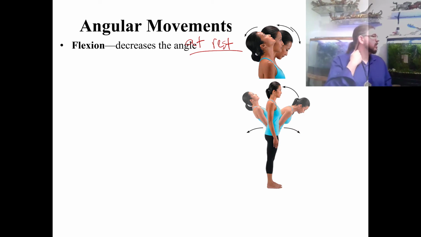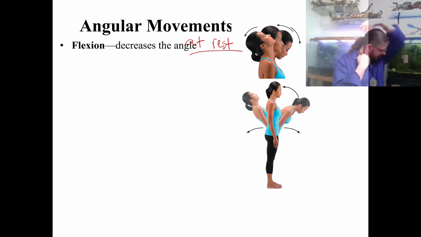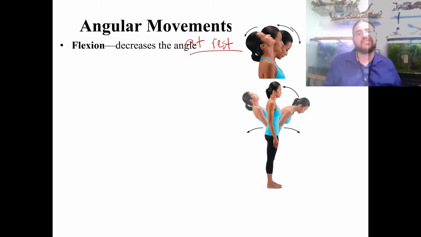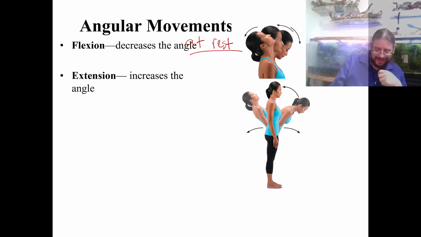So here, if this is my 90 degrees, then looking at my chin, I'm now at a lower angle, probably like 45 degrees, whatever. So that is flexion, decreasing the angle of the joint. Then we have extension, which increases the angle.